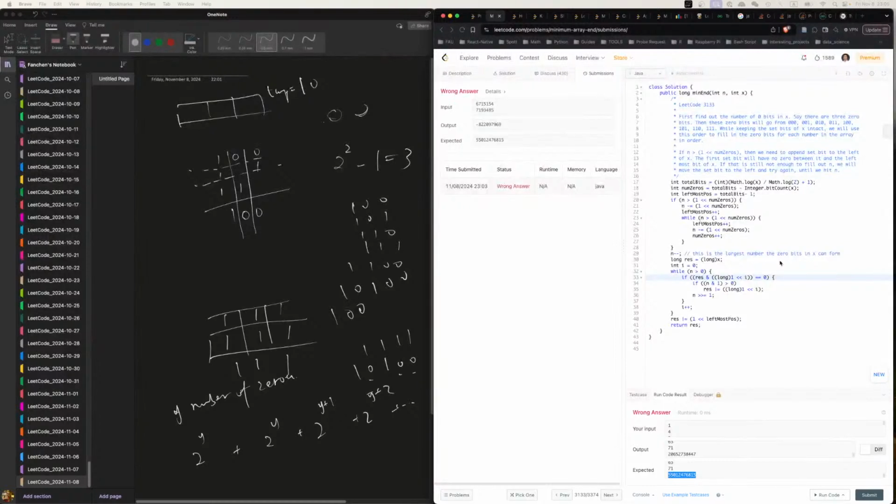Number too large. How come is number too large? It is long, right?